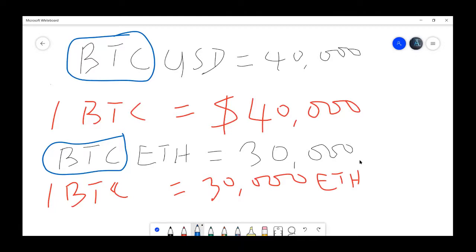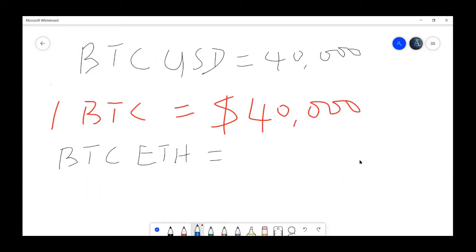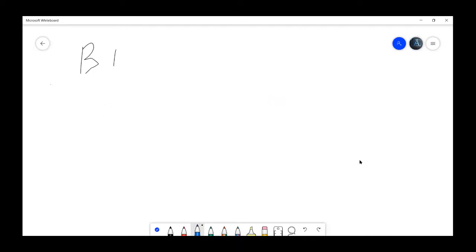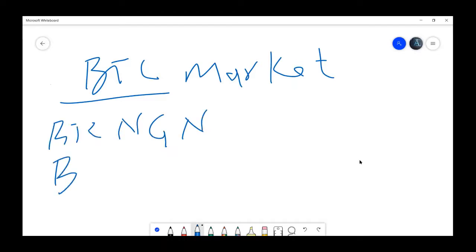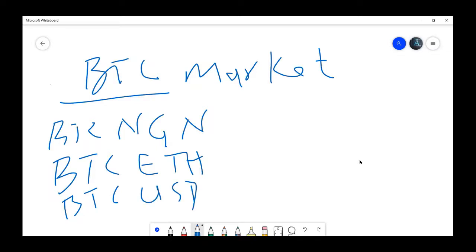So on Binance, when you see something like market, you will see something like BTC market. In the BTC market, you will see BTC Naira, you will see BTC Ethereum, you will see BTC USD, that is BTC dollar, and you will see a lot.